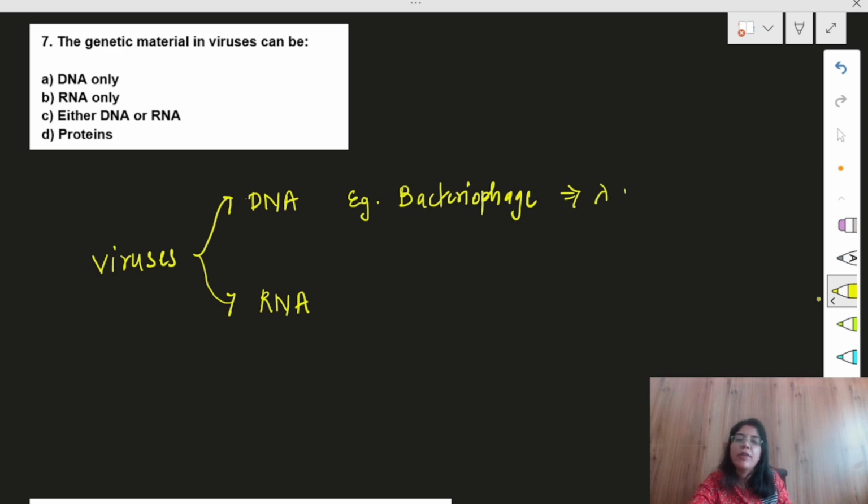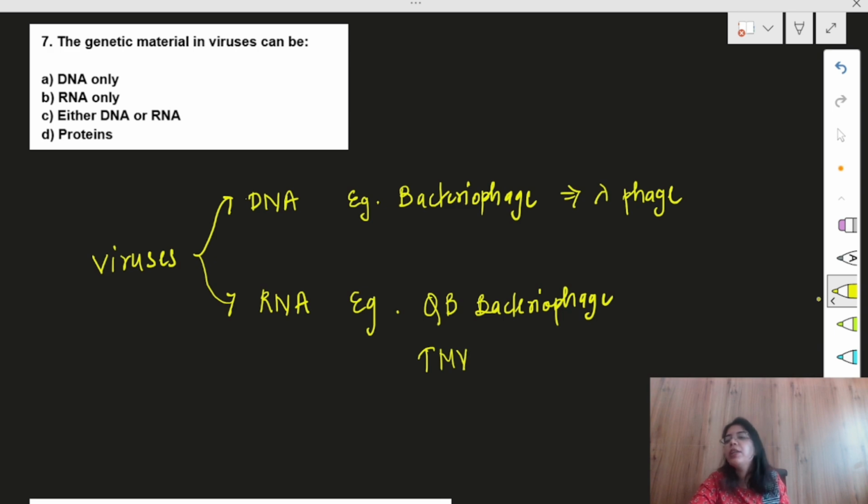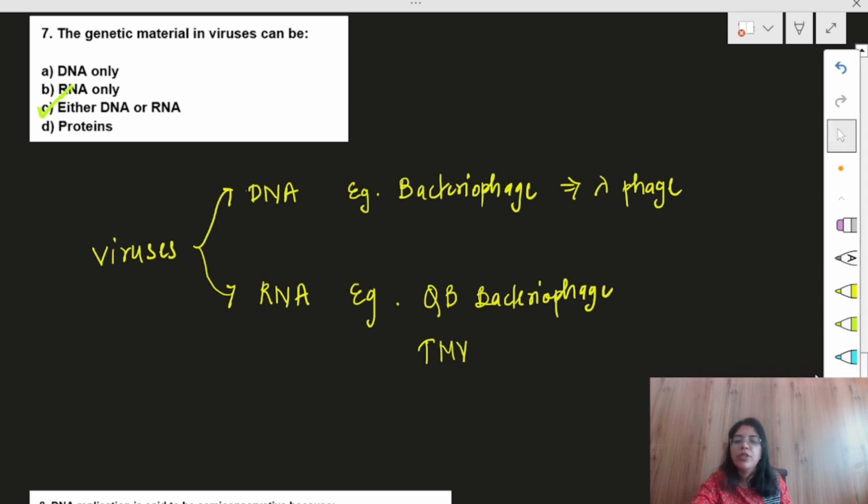Lambda phage, which has double stranded DNA. Here, Qβ bacteriophage, remember? Which else? Tobacco mosaic virus you have learned. So yes, in viruses, either DNA or RNA can act as genetic material.